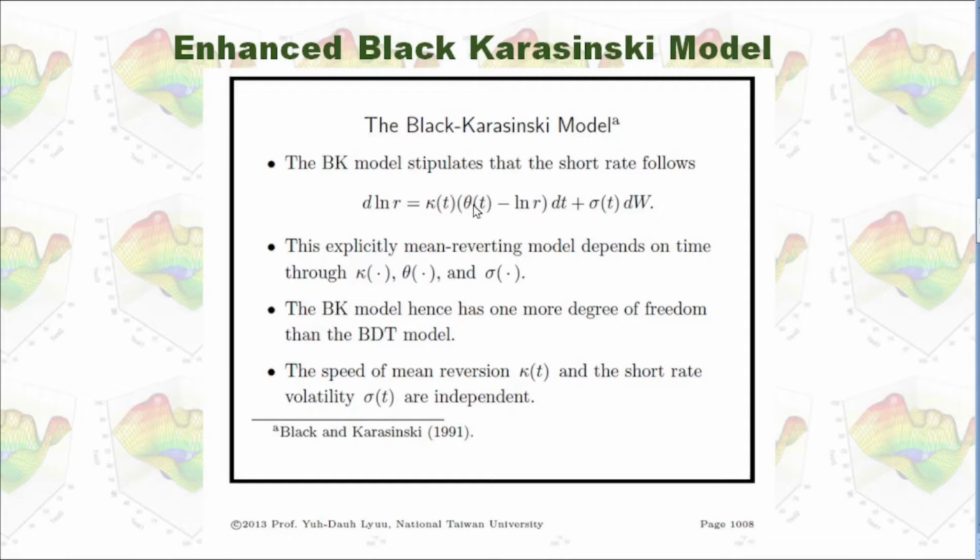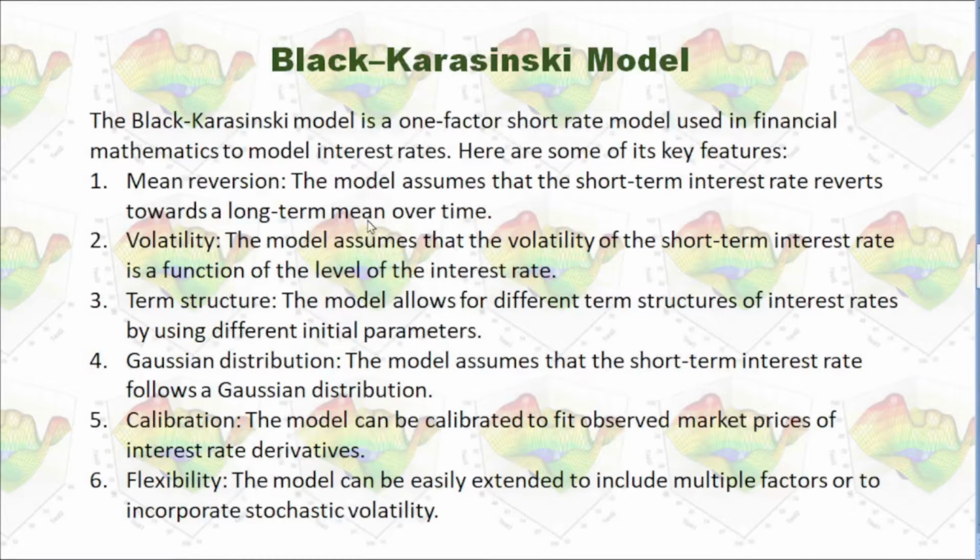And theta is the long-term mean, that means the mean reversion level. The Black Karasinski model has many key features. I talked about those key features in my previous video already, so I will not repeat them here.